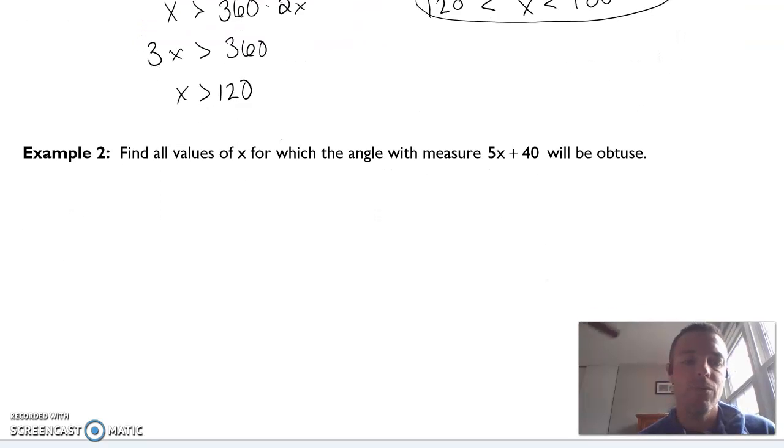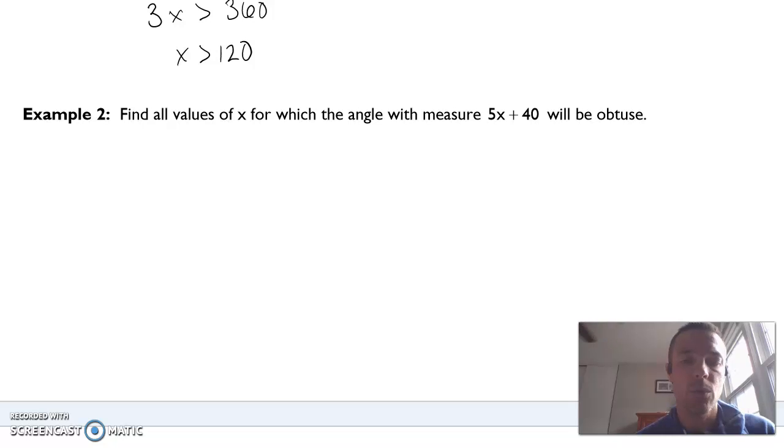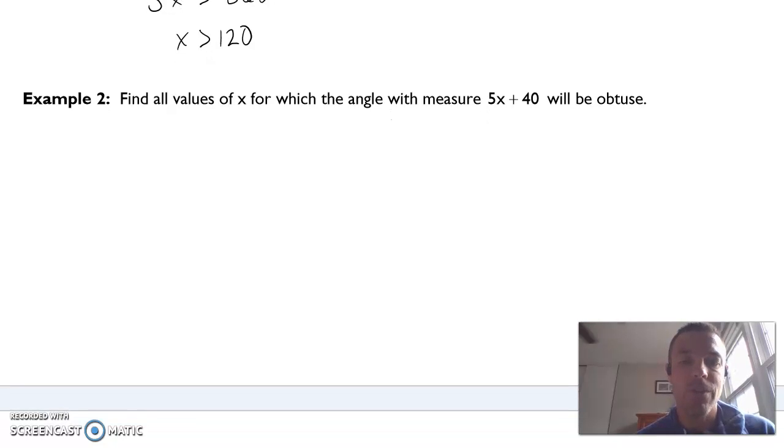In example 2, find all values of x for which the angle with measure 5x plus 40 will be obtuse. So now, for an angle to be obtuse, it has to be greater than 90 degrees and less than 180 degrees. That's going to be the measure of my angle.